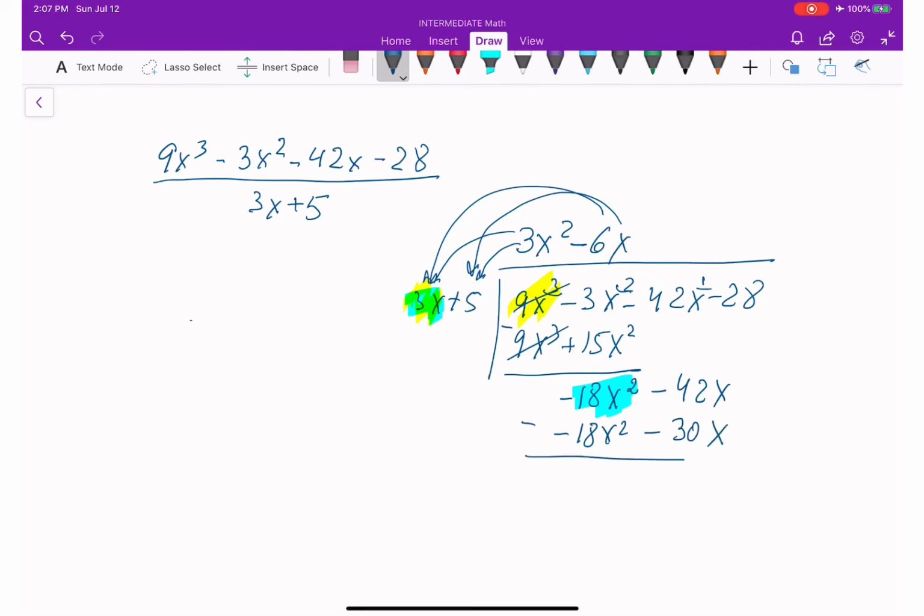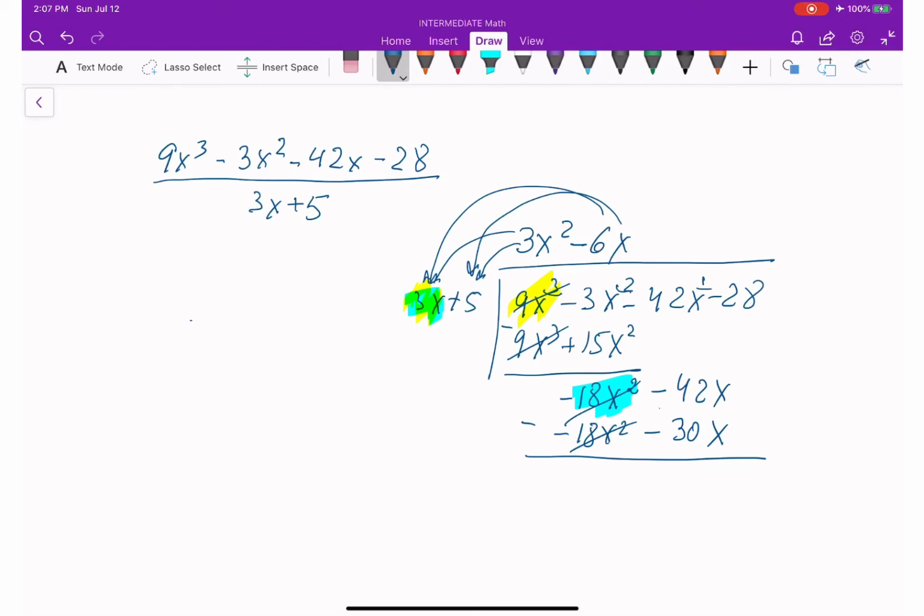As we subtract, this is gone with this, right? Because as you do negative 18x squared minus negative 18x squared, you get negative 18x squared plus 18x squared. I showed in the previous cases, yeah? So next, negative 42x minus negative 30x, which means we will have negative 42x plus 30x.